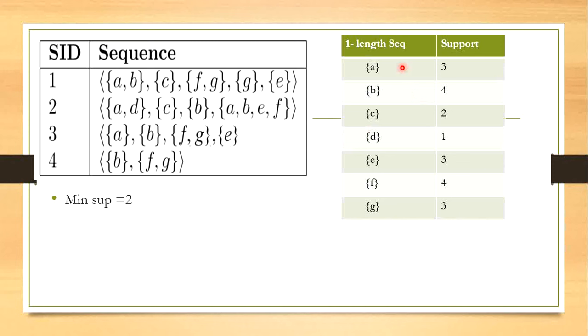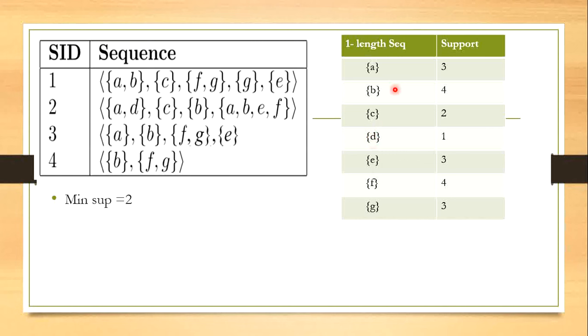Here these are the 1 length sequences possible from this sequential database. A 1 length sequence implies 1 element within the sequence, right? So A is 1 item, B is 1 item, C, D, and so on.